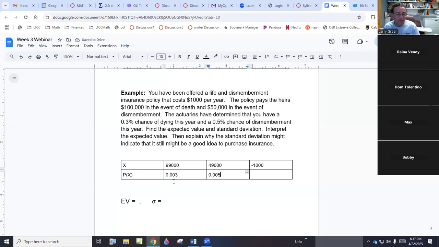If we take 0.003 plus 0.005, you get 0.008. 1 minus that is 0.992. You don't have to do it in your head like I did. You're always allowed a calculator. Any questions on creating this table?